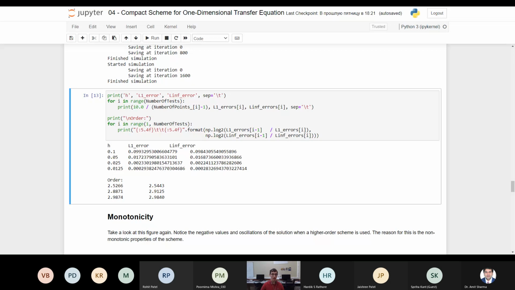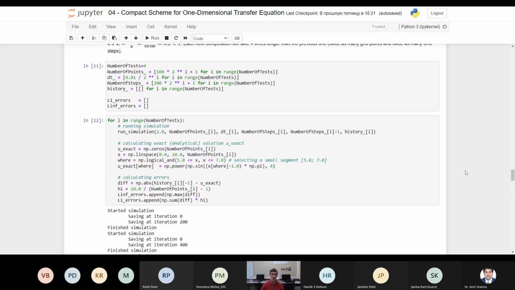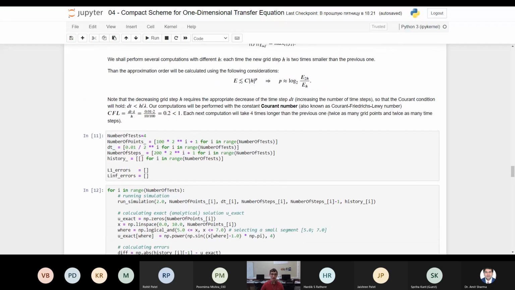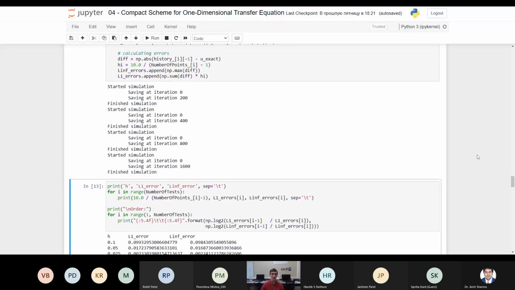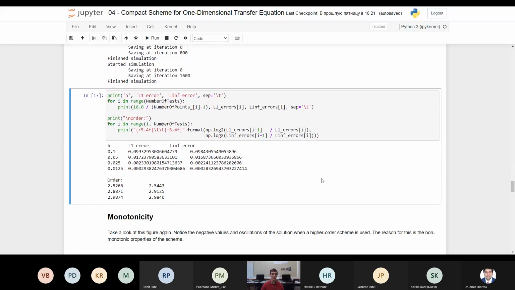And when we calculate order, which is P, which is calculated according to this formula, we can see that the order is greater than 2 from the beginning, and it gets closer and closer to 3.